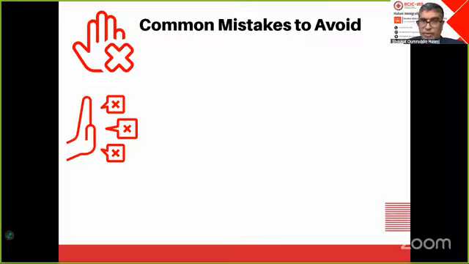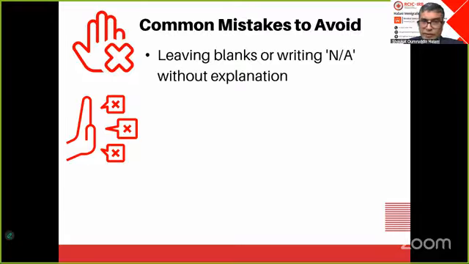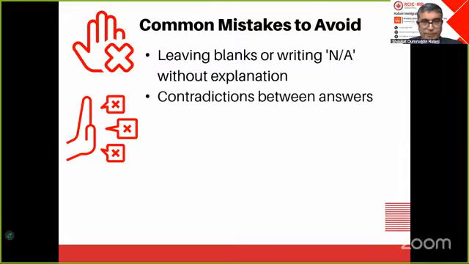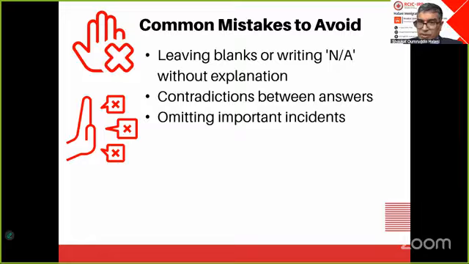A few common mistakes you should avoid: leaving any information blank. If you are leaving a blank or writing N/A, you should always give explanations. Contradiction between answers: one time you mention something and another time you mention something else.